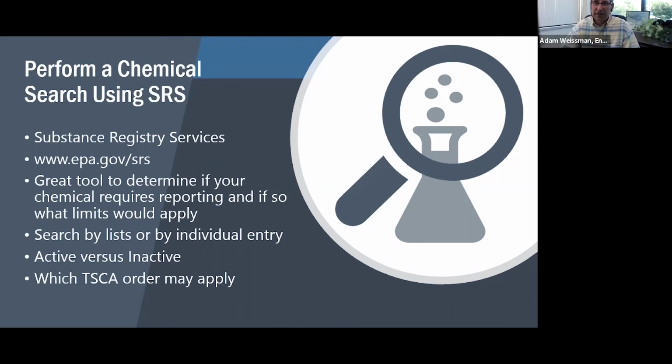It's going to tell you if it's active or inactive. It's going to tell you which orders may apply, and those orders are important because that gets you down to the 2,500 pound production volume threshold versus the 25,000. So this is really an easy to use, very good tool, and a lot better than downloading lists and searching through Excel files and all sorts of other things that I've done and I've seen other people do.